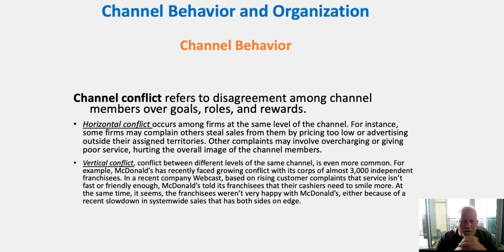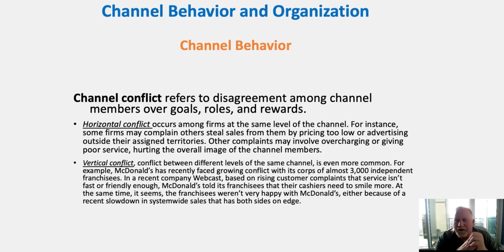Another example is what we call vertical. Now that's horizontal because that means across. Vertical conflict happens up and down, where in the channel or the supply chain, there's conflict that happens. Conflict between different levels of the same channel is even more common. So for example, McDonald's recently faced a growing conflict with among 3,000 what we call independent franchises.